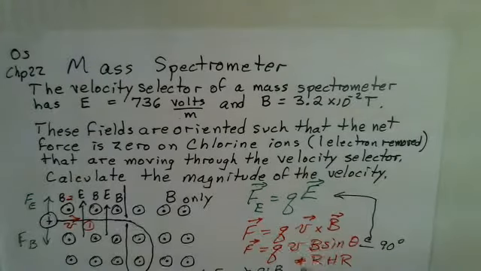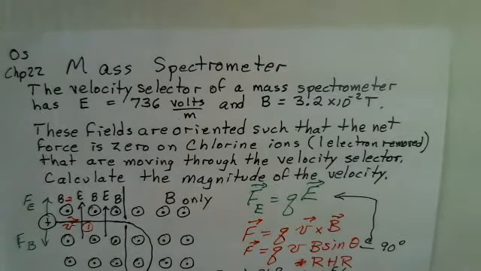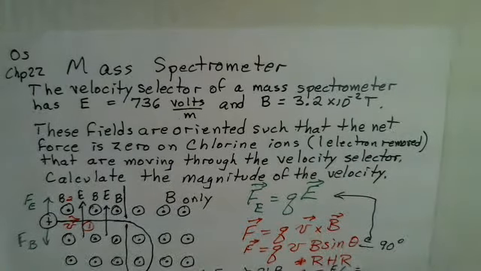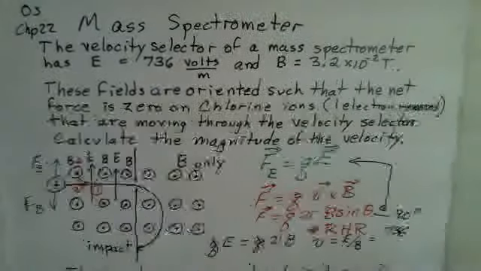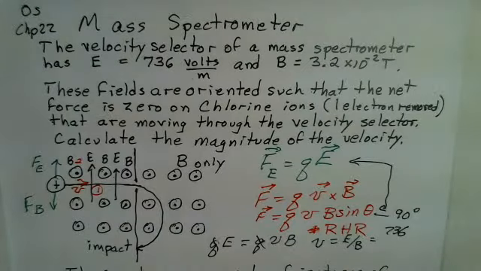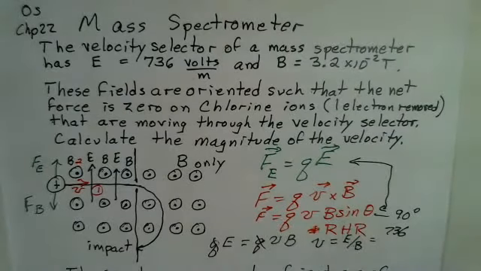And I can solve for velocity and find it's the strength of the electric field divided by the strength of the magnetic field. We have those numbers, 736 volts per meter. So electric force equals magnetic force. Eliminate the Q's.